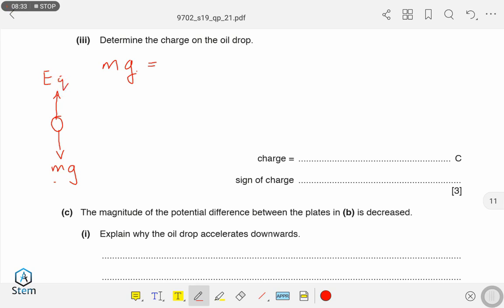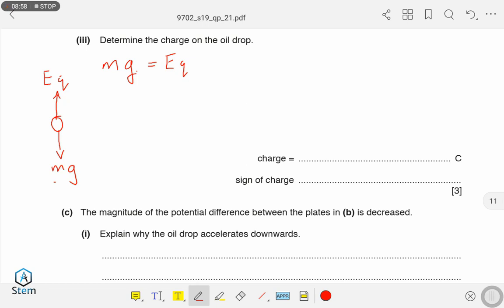So when mg is equal to E multiplied by Q, we saw that the oil drop would suspend in the air, or it will move down with constant velocity.